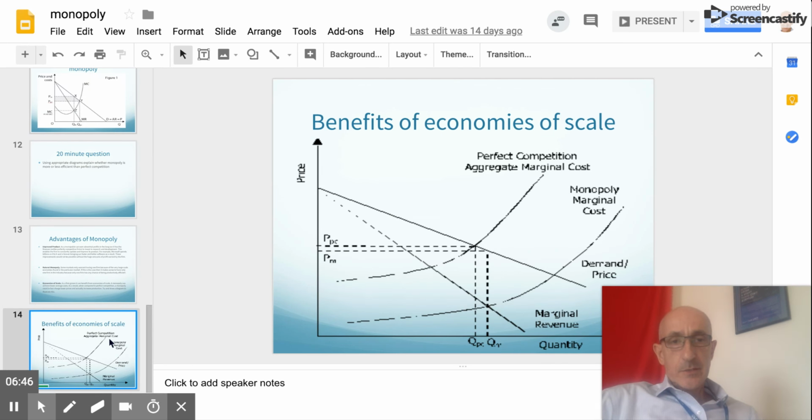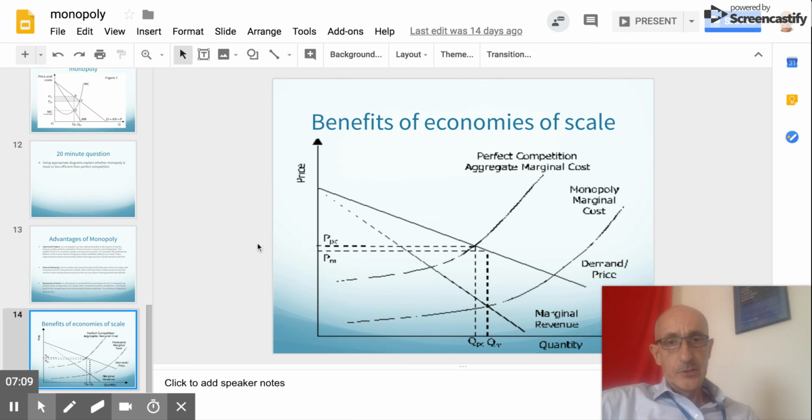Economies of scale can be demonstrated on this diagram here. Basically, the very, very large firms are able to produce at a much lower cost due to economies of scale than even perhaps more competitive firms can. Amazon is a very good example of this. It dominates the industry for online retail.